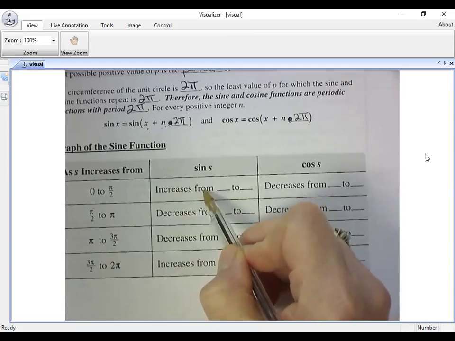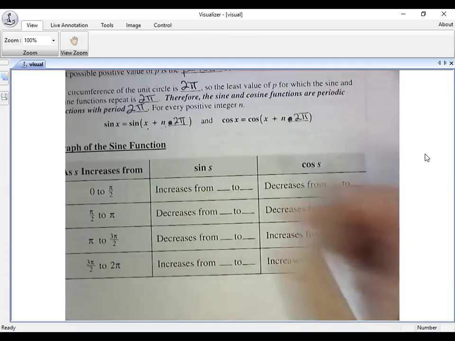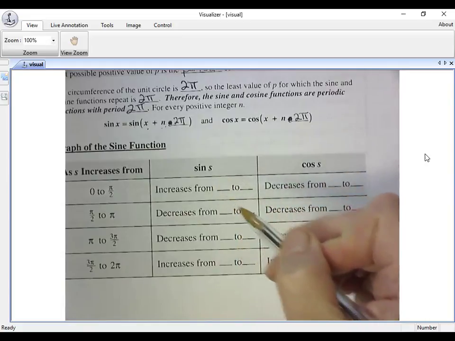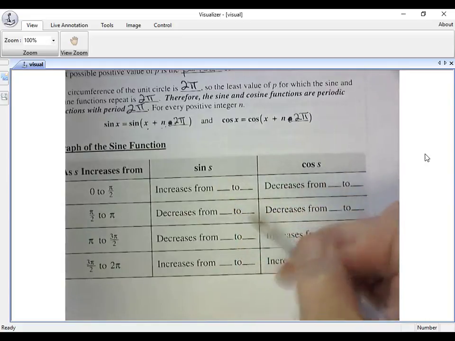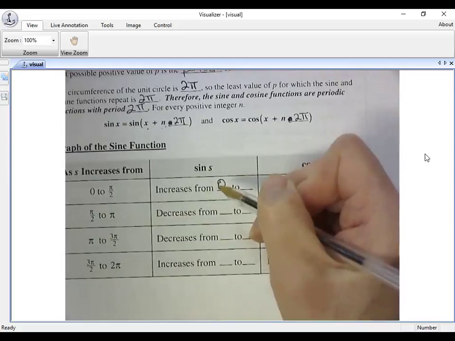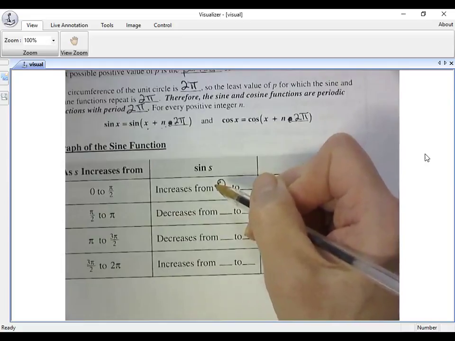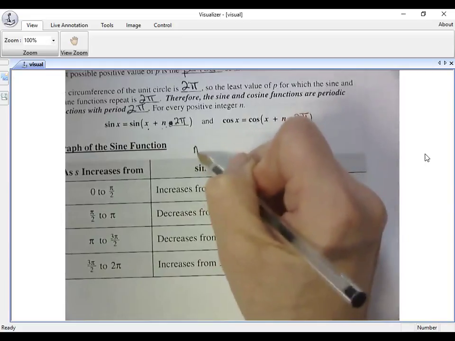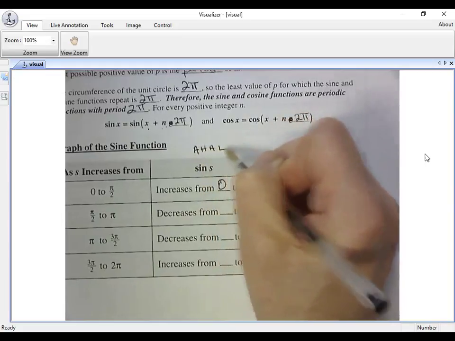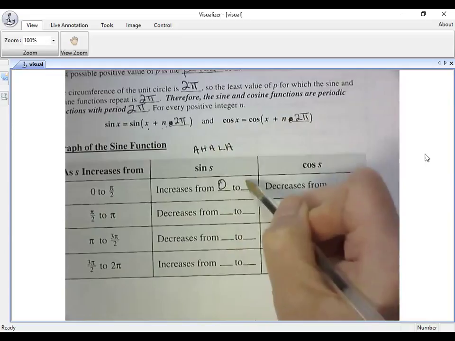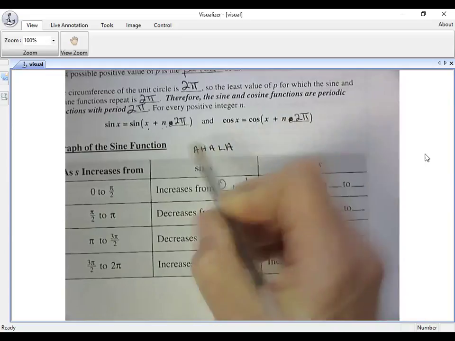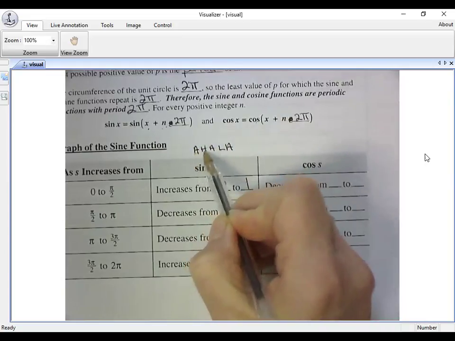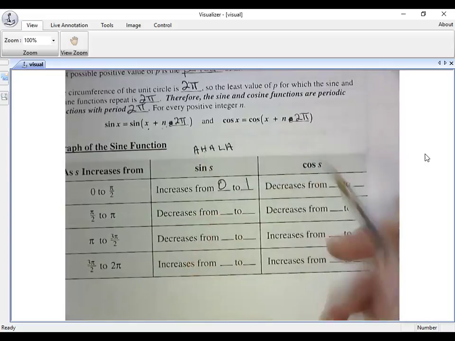Sine starts at? Hollow, right? So it starts at 0, and when you get up to pi over 2, what's that value you're at? Exactly. Think hollow. So it goes from 0 to 1 because we're going from 0 to a high value, okay?